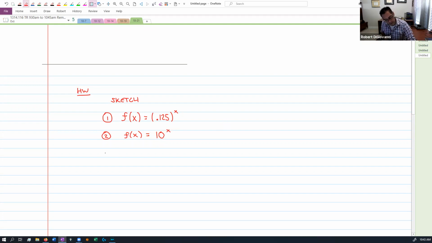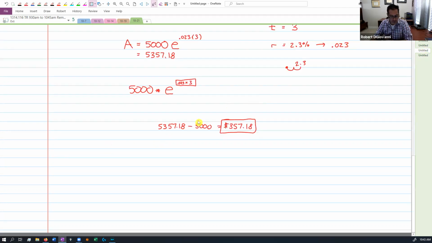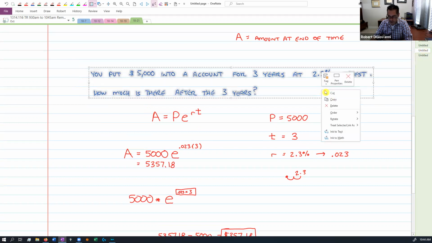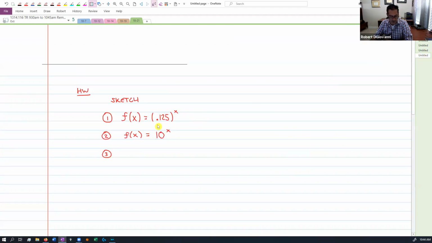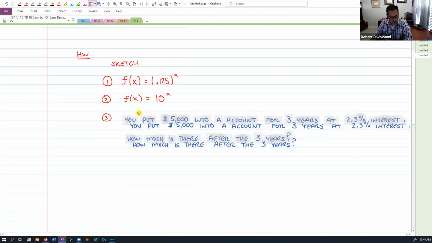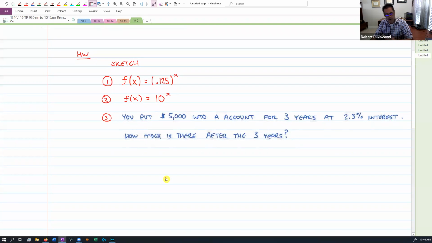And then the third problem I'd like for you to do is basically, I'm going to have you do 2 of these word problems right here. I'm just going to copy this and write some new ones here. So let's say for the first one, I'm going to change some things around here.